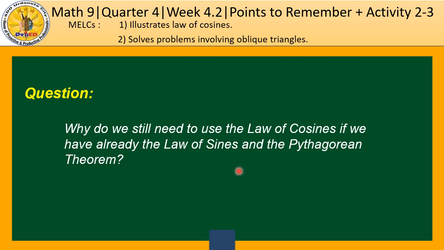The answer is very clear: the Pythagorean theorem is only for finding the sides of a right triangle, so it is not applicable for oblique triangles, while the law of sines is only applicable when there is a pair of ratios to make a proportion. So if the problem cannot be solved by the law of sines and the Pythagorean theorem, then we will use the law of cosines.